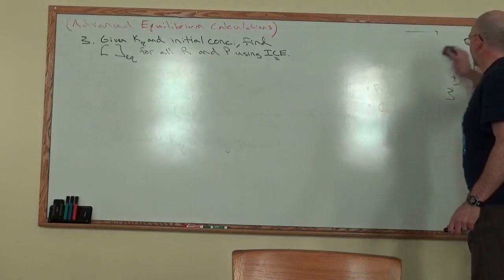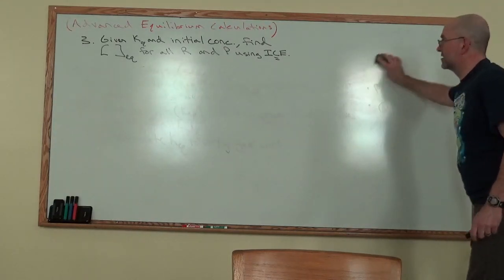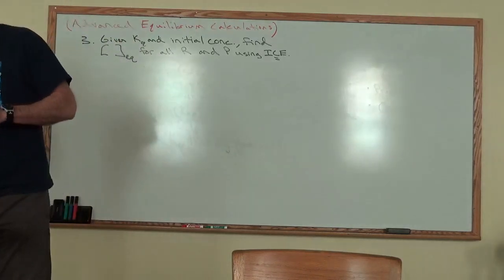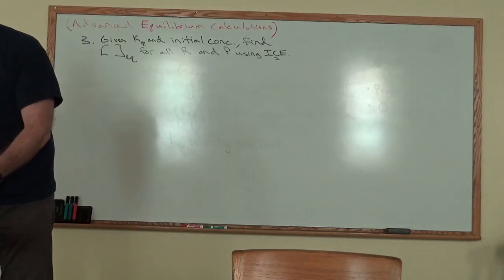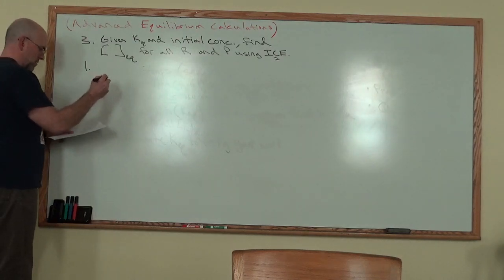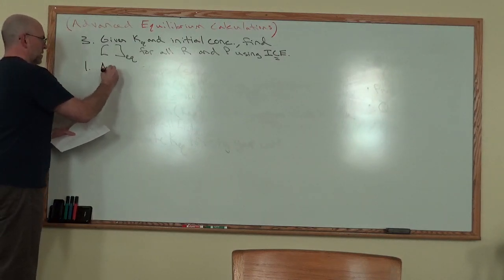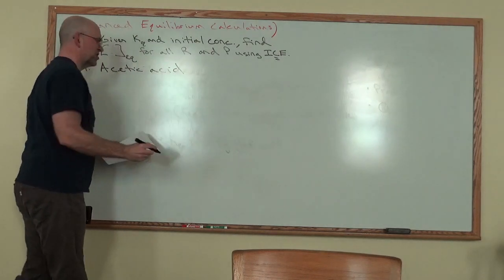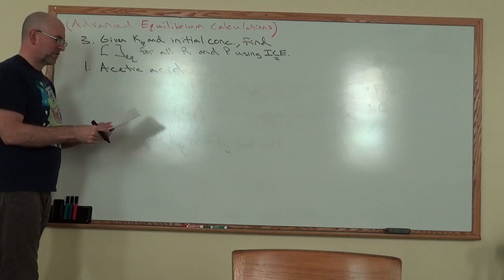As usual, I'll set up some math and give you a chance to solve it. Okay, so this is example number 1. And there's actually different ways of writing the chemical formula for acetic acid.